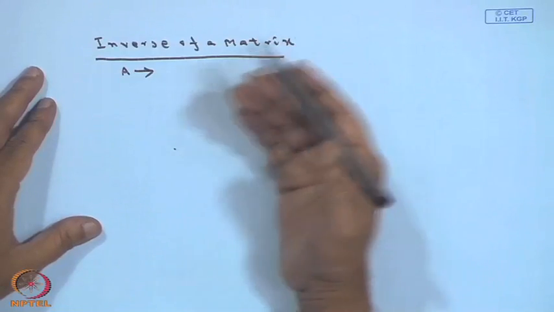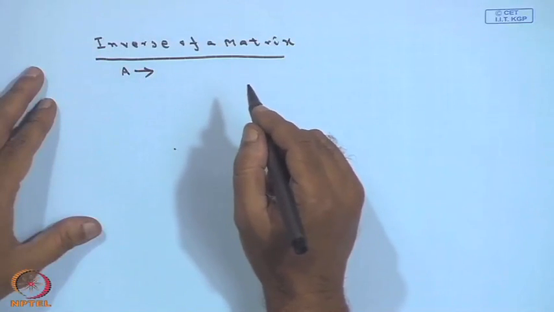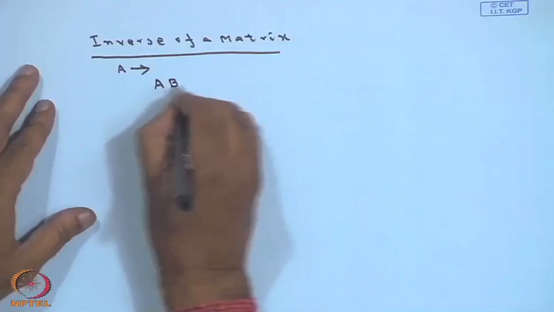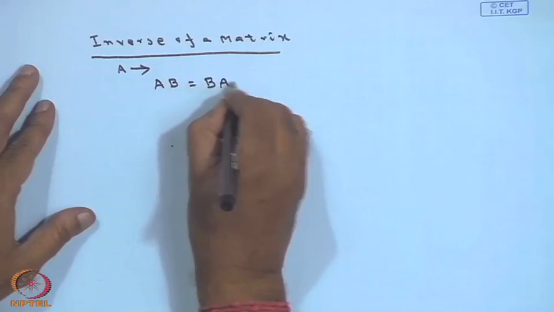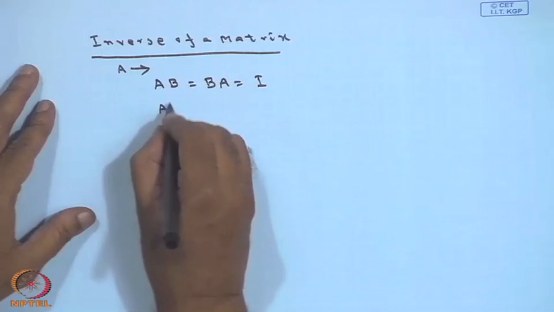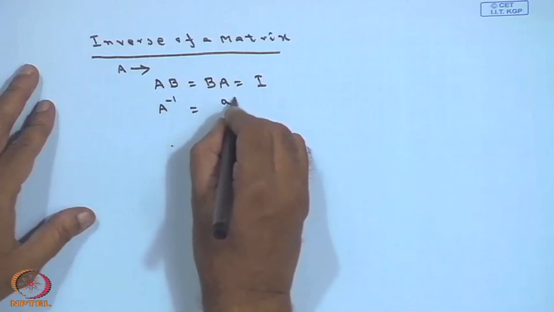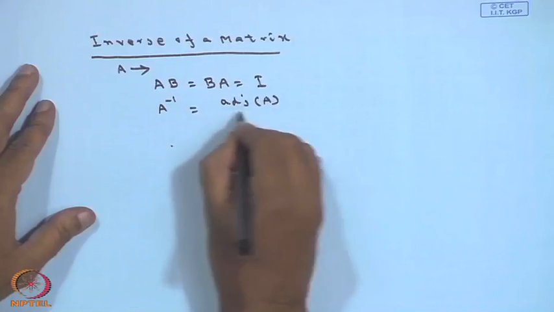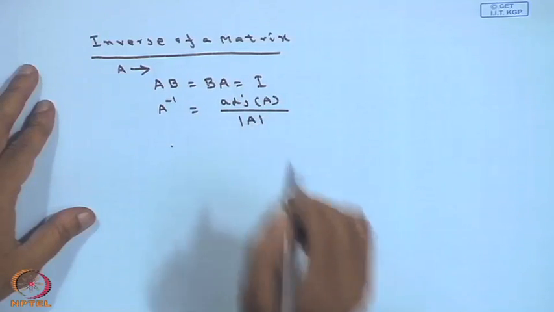We say that matrix A is invertible if there exists a non-singular square matrix B, of course the order of B also will be n, such that AB equals BA equals I. Then we denote this A inverse by adjoint of A by determinant of A.